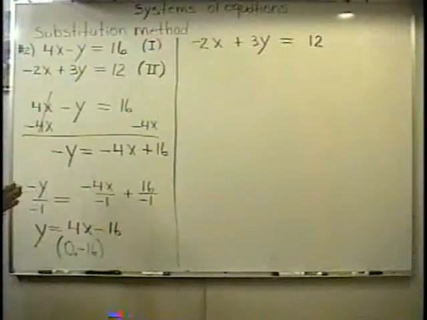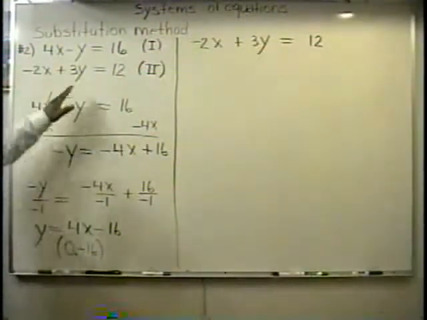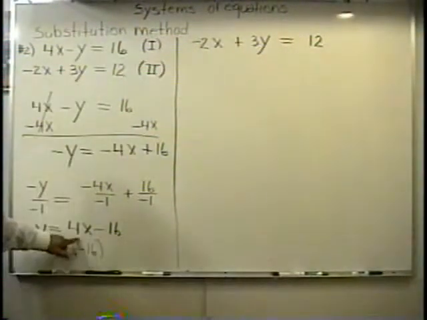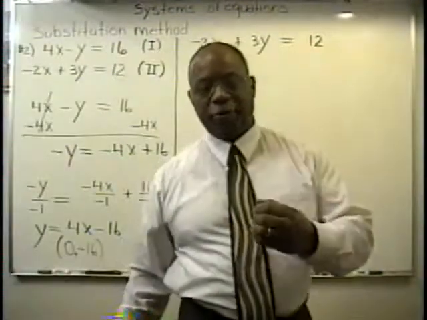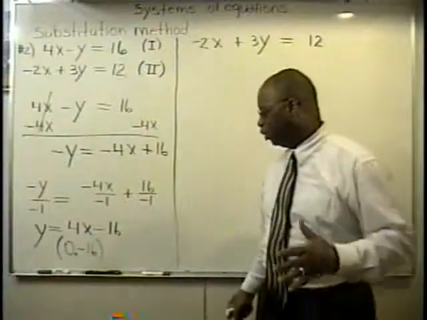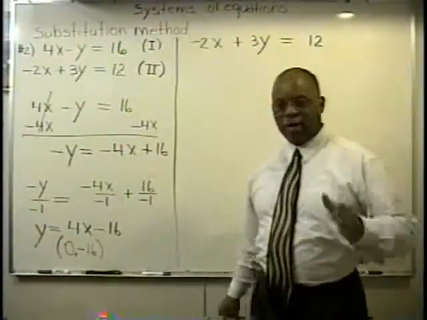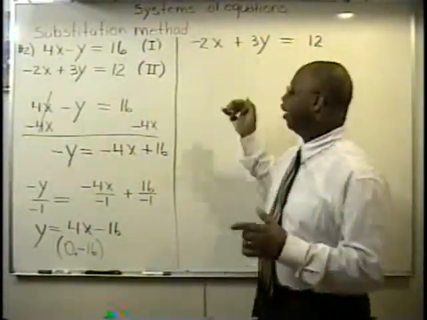Now I'm going to use substitution. I know that from the first, y is equal to 4x minus 16. I'm going to take that expression and substitute it in place of the y. Let me show you.